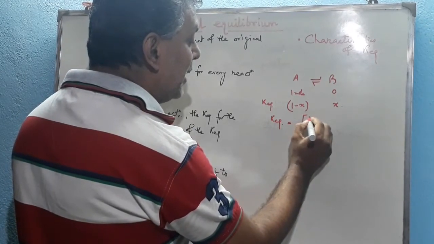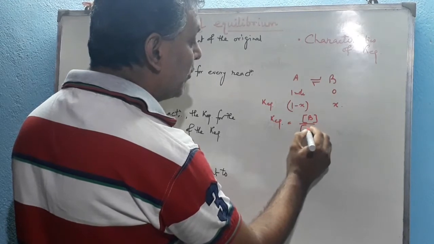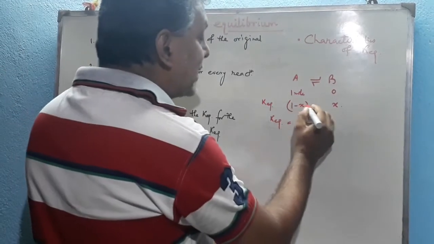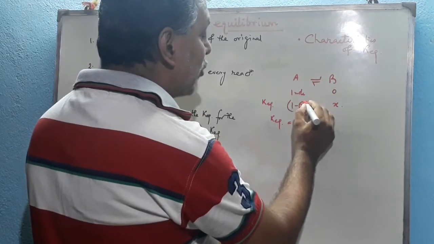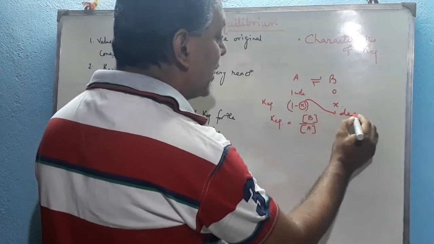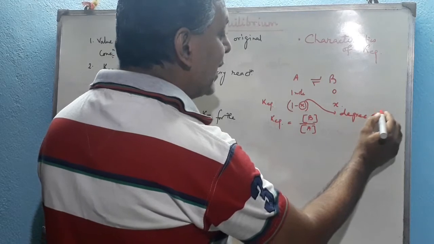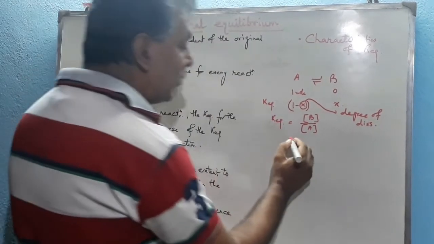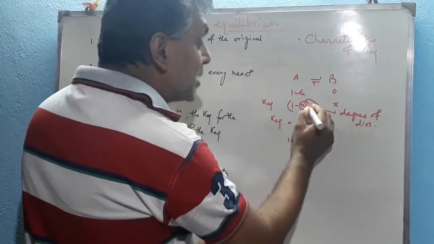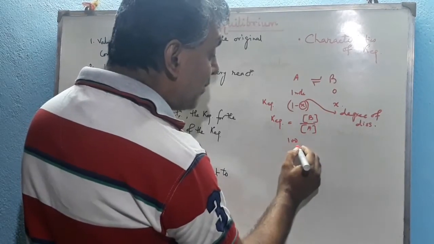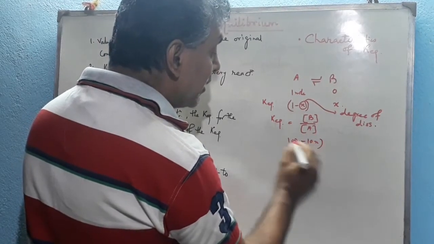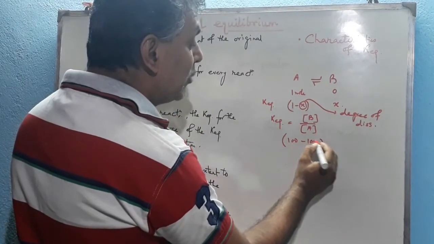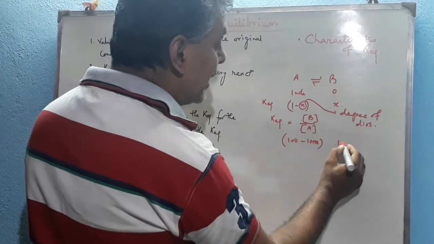So K equilibrium now becomes the concentration of B divided by the concentration of A, product by reactant. Here x is the degree of dissociation, that is, the number of moles dissociated with respect to 1 mole. Now if we started with 100 moles, it becomes 100 into x, that is 100x.